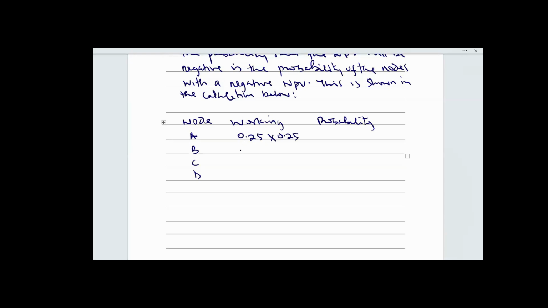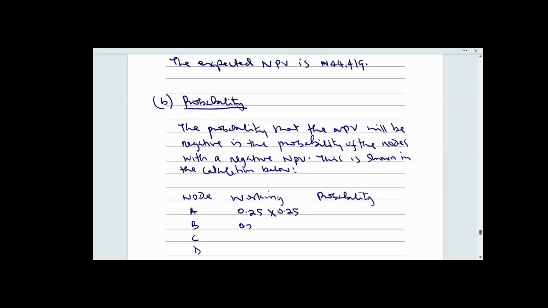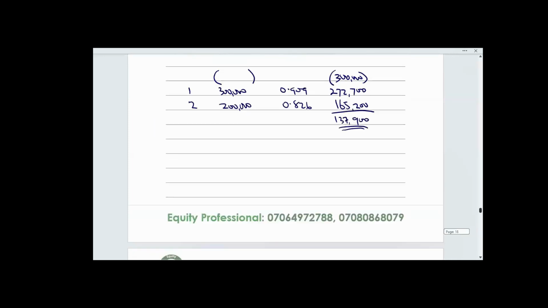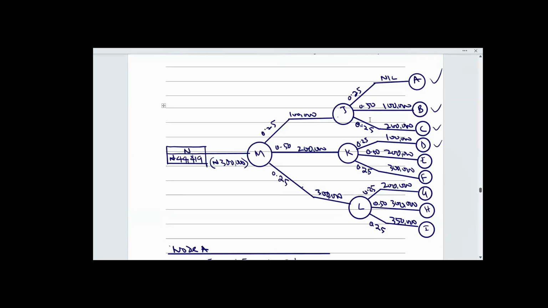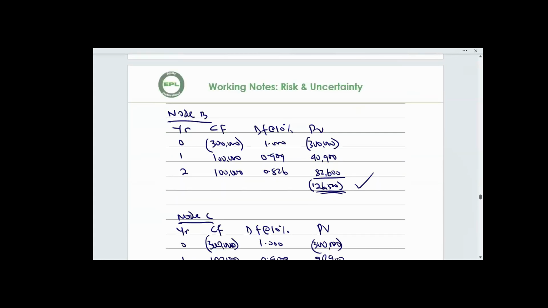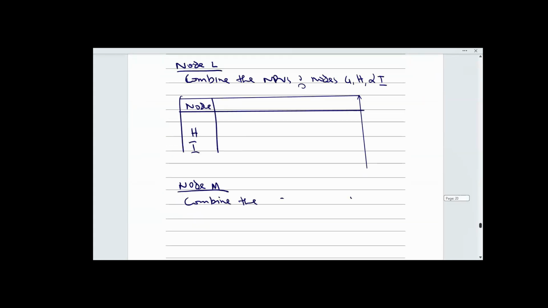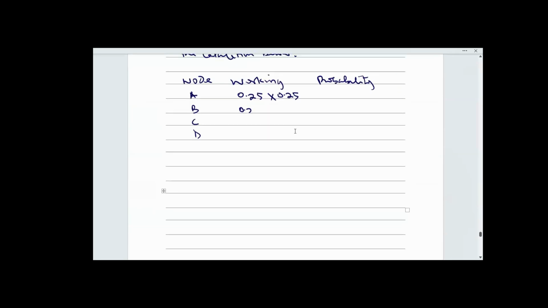Probability of node B in year 1 is 0.25. Is it 0.25 or 0.5? Let me go and check. Node B, probability in year 1 is 0.25. Okay, 0.25 multiplied by probability of node B in year 2, 0.5.